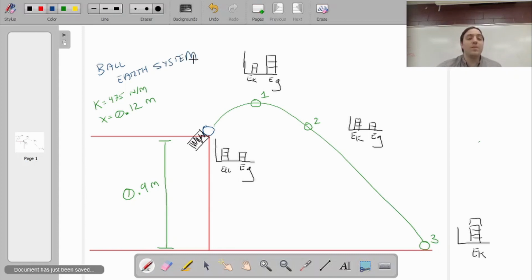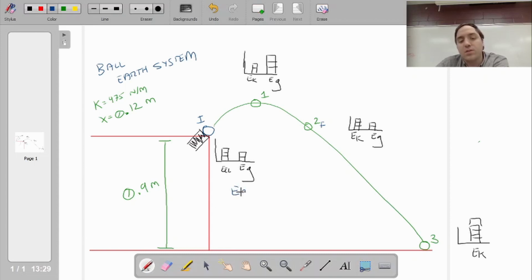So from here, the setup and the solving isn't too different from what we had done previously. I could find how fast it's going at point 2 or point 3 fairly easily. Point 1 is a slightly more complicated problem, but 2 and 3 are easy enough. Let's take a look at solving for the velocity at point 2 here. At my initial and final point, the types of energy I have are EEL and EG.